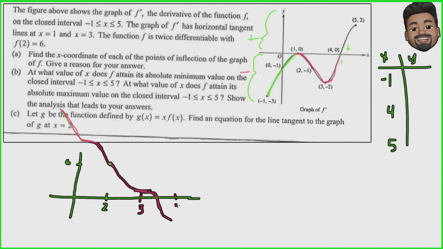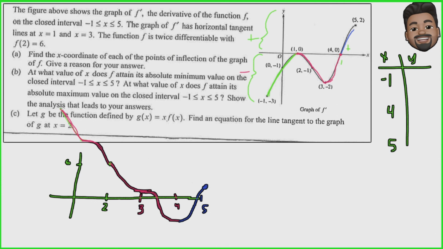And once we hit 4, right here, well, what is it going to do? Now it's going to start increasing, right? At 4, it's going positive. So now we are going to be increasing right here. So then this graph is going to look something like this until it gets to about 5. If we draw this graph, we kind of had to draw the original from f prime to figure this out.